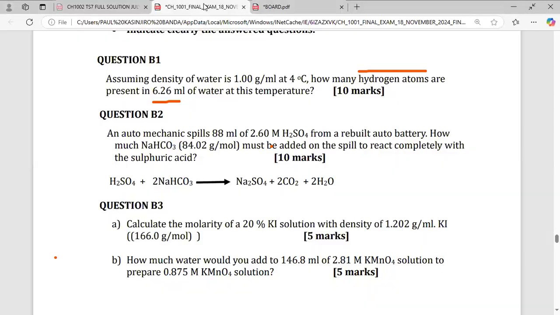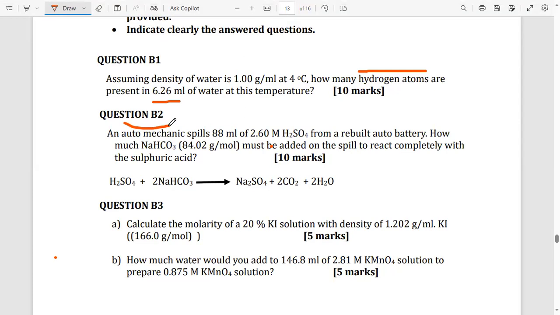So the other question now, we are on question B here. They're saying an auto mechanic spills 80 milliliters of 2.6 molar sulfuric acid from a rebuilt auto battery.